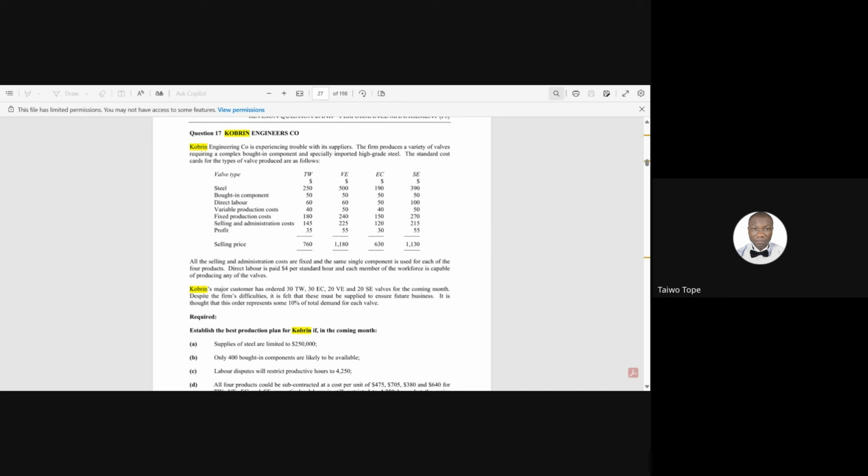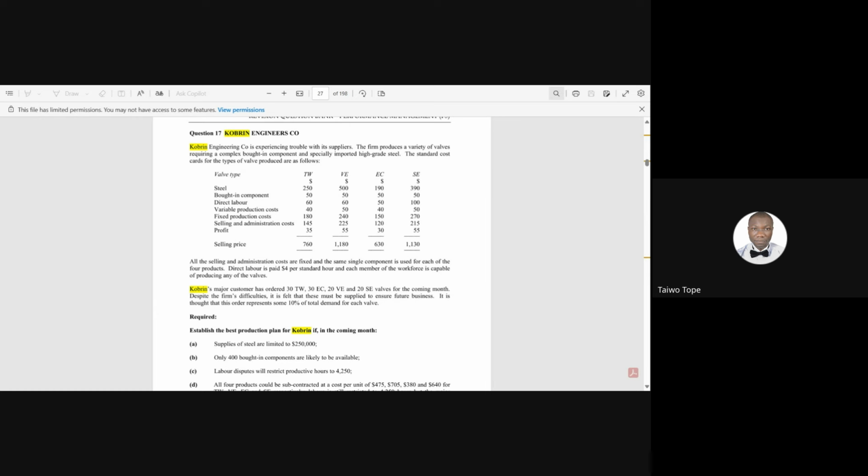Contribution: we have it as for TW 360, for VE 520, for EC 300, and for SE 540.